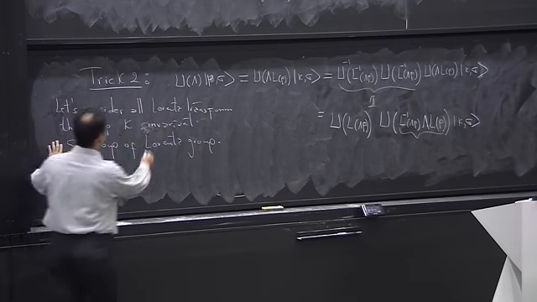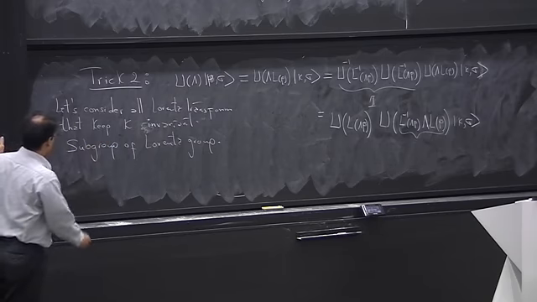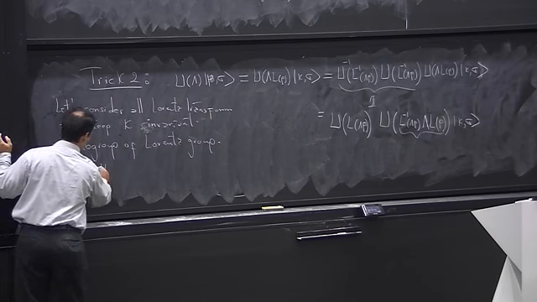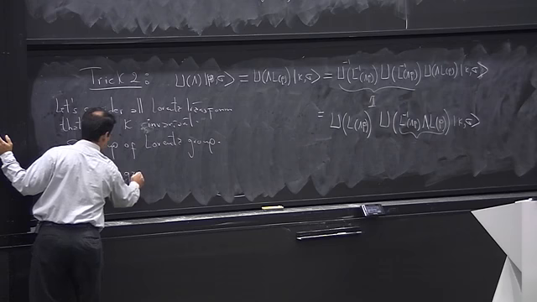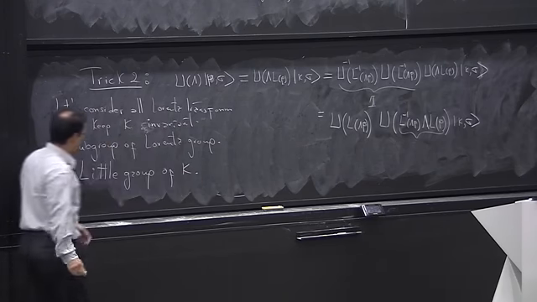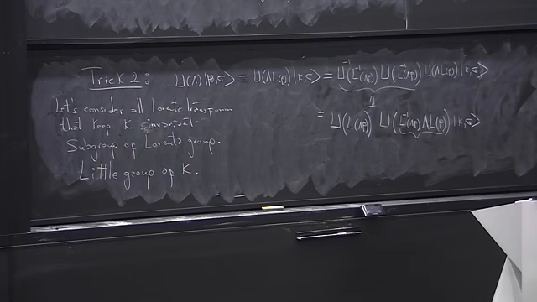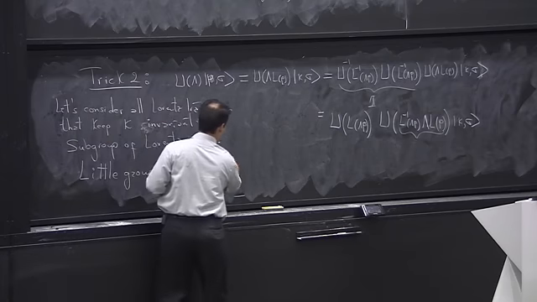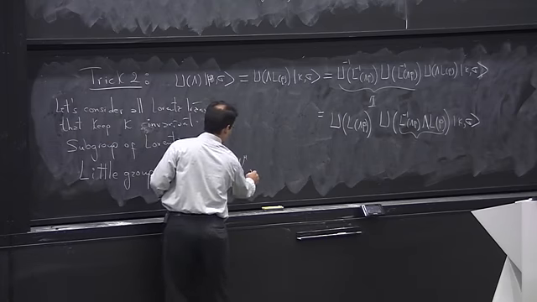But I don't want to call it like that. There is a better name for that, and it's called the Little group of k. So all Lorentz transformations that leave k invariant, let me call them W, mu nu.